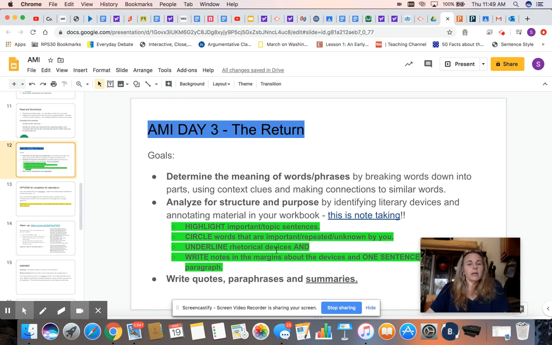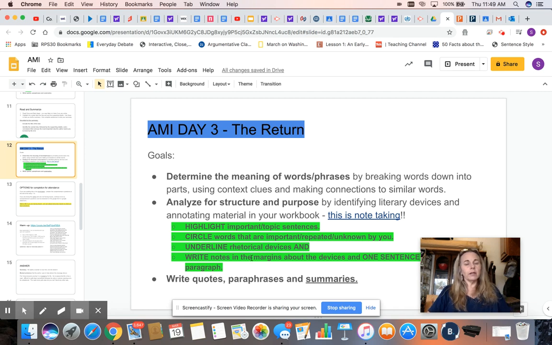We're going to be underlining rhetorical devices, things like metaphors. We're going to learn about a new one today called the flashback. We're also going to be talking about things like character setting, conflict, elements of a story. So we're going to underline those things.